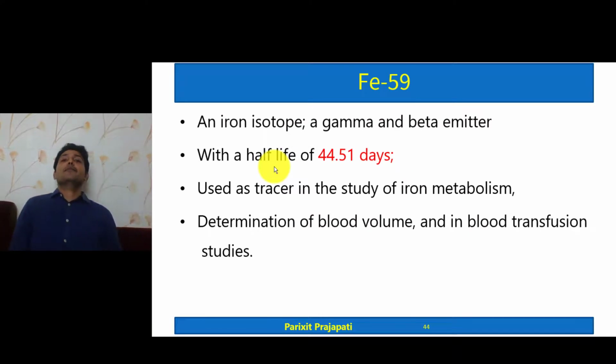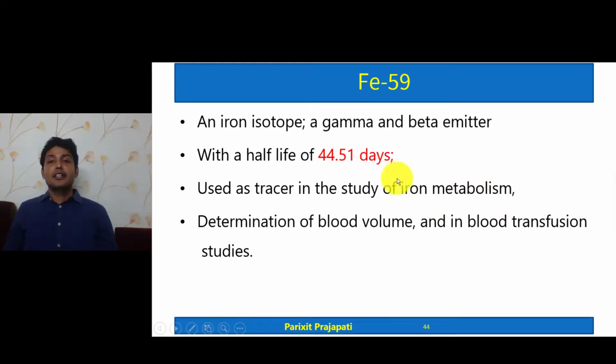Now iron 59, Fe59. It can emit gamma and beta. Half-life is 44.51 days. It is used as a radio label or as a tracer in the study of iron metabolism.